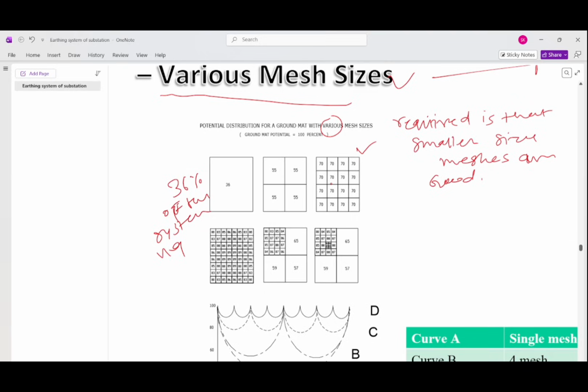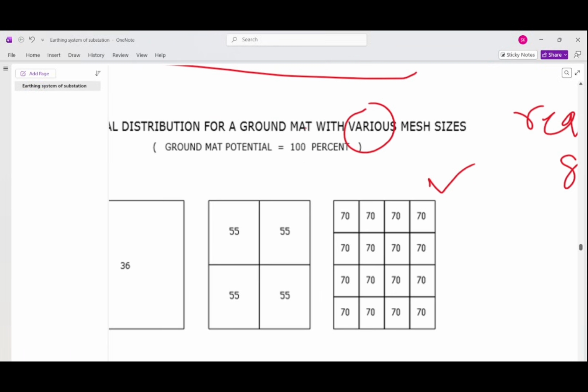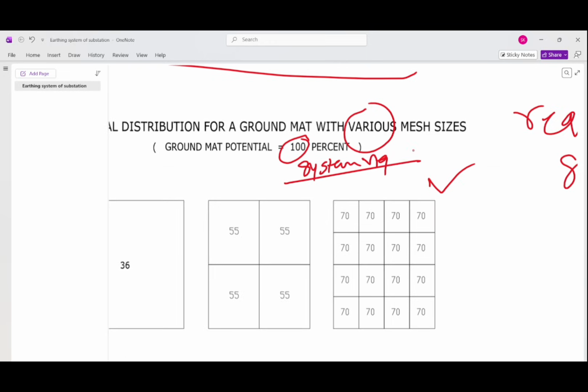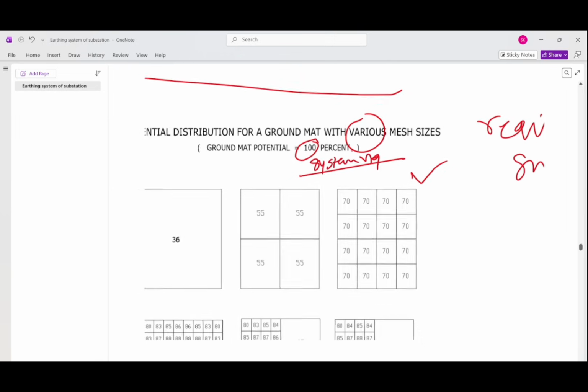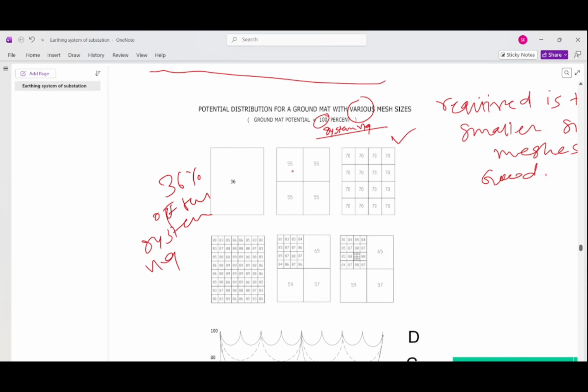The ground mat potential is 100%, which is 100% of the system voltage, or the substation voltage, appearing across the ground mat. If a single mesh is provided, 36% will be the voltage across. Now with 2 by 2, 2 rows and 2 columns, 55% voltage will be appearing across the grid.